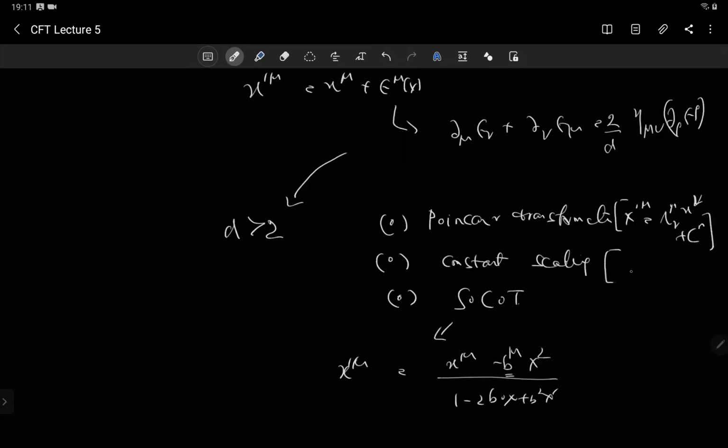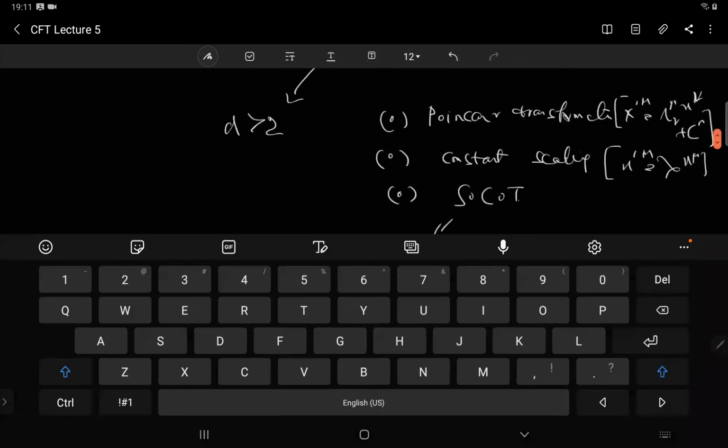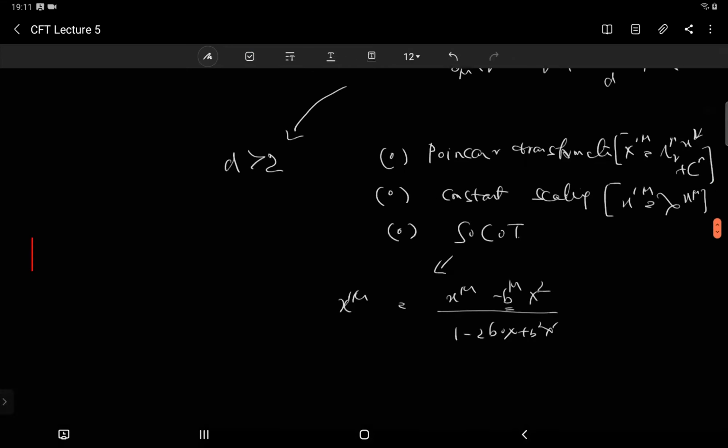And scaling just means scaling. So x prime mu is some constant times x mu. So these are the transformations in d greater than 2.